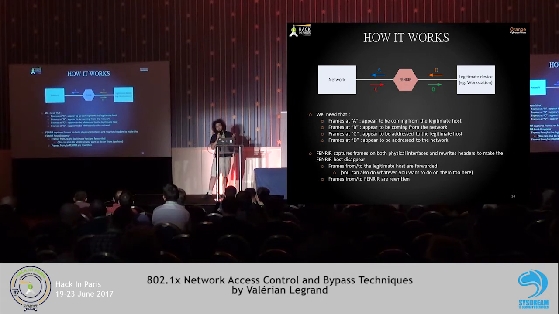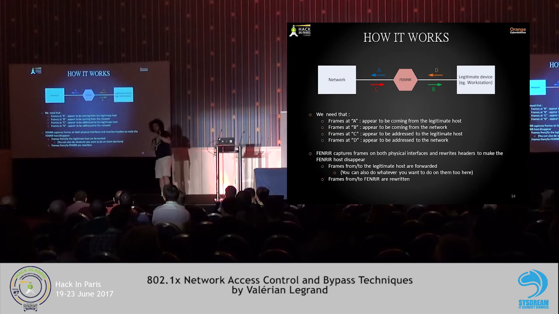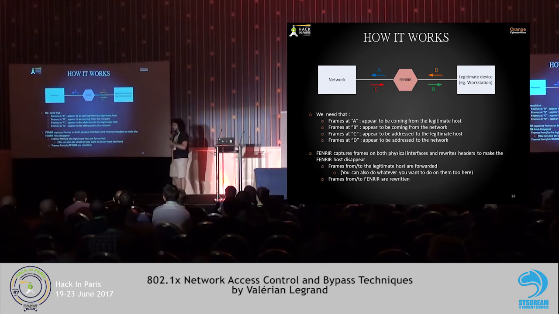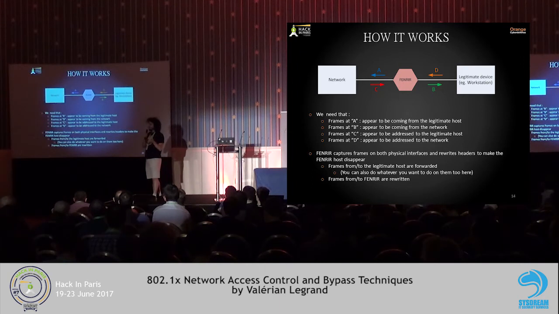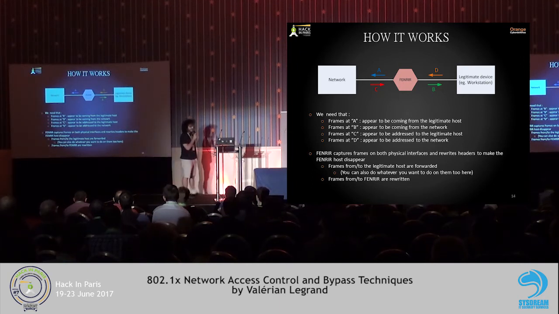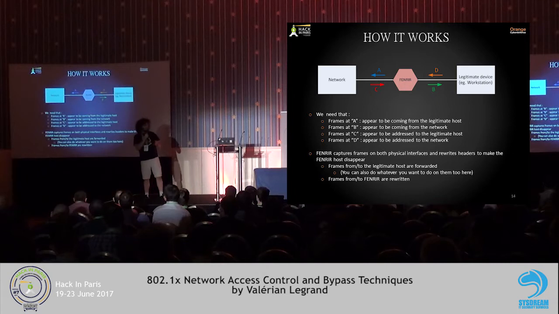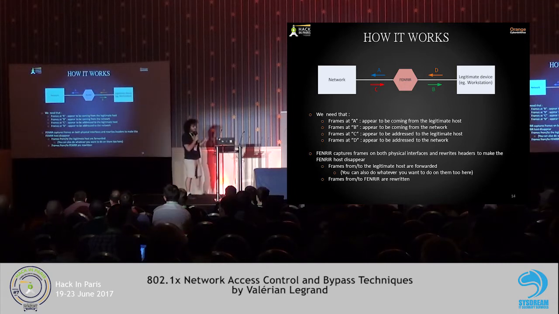So basically, legitimate device frames are just forwarded, one way and the other way around. But the attacker's frames are rewritten a bit like network address translation to make sure that the IP and MAC address of the attacker are not sent on the wire. So everything appears to be coming from the legitimate device.